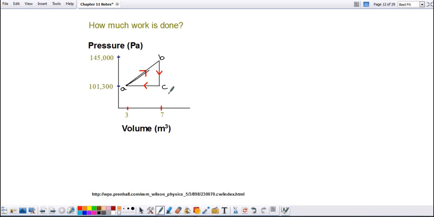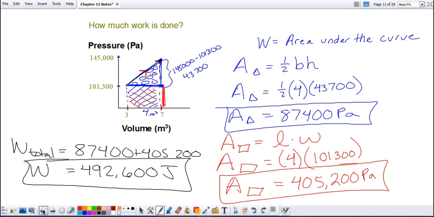Okay, so we want to know the total amount of work that was done, or the net amount of work. So again, work is equal to the area under the curve. So the first thing we can do is find the amount of work that was done from A to B. And if we go back and look, we just found that. I kept all the same numbers.